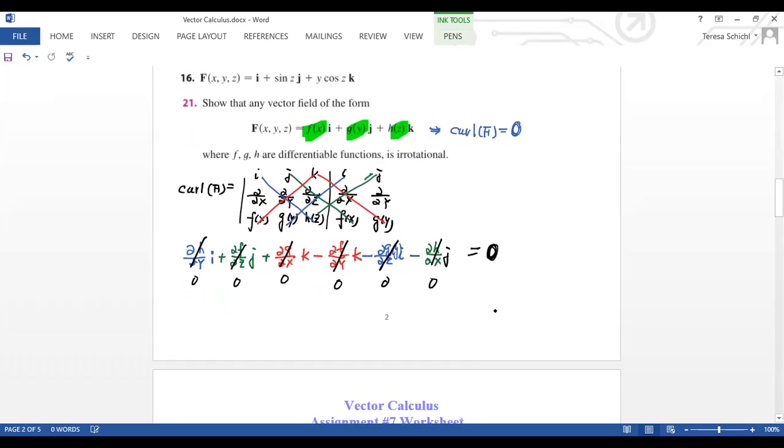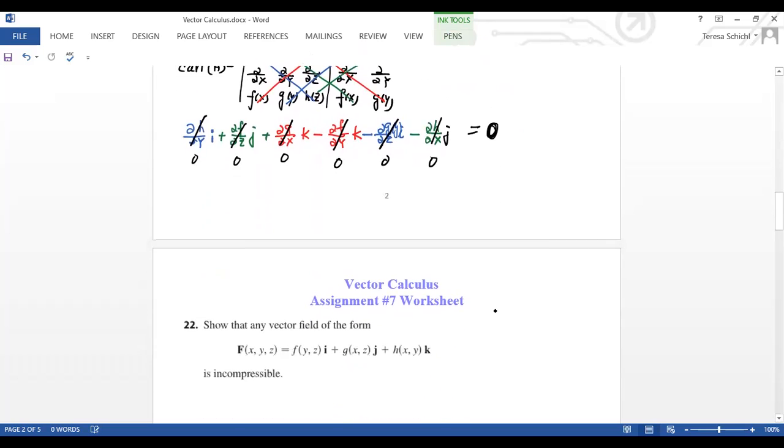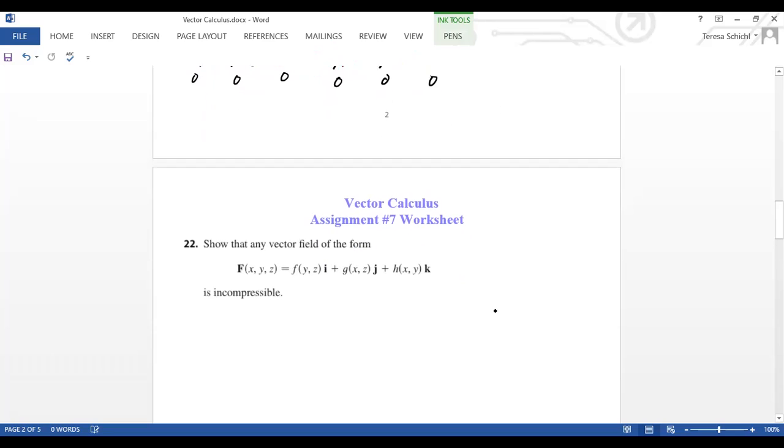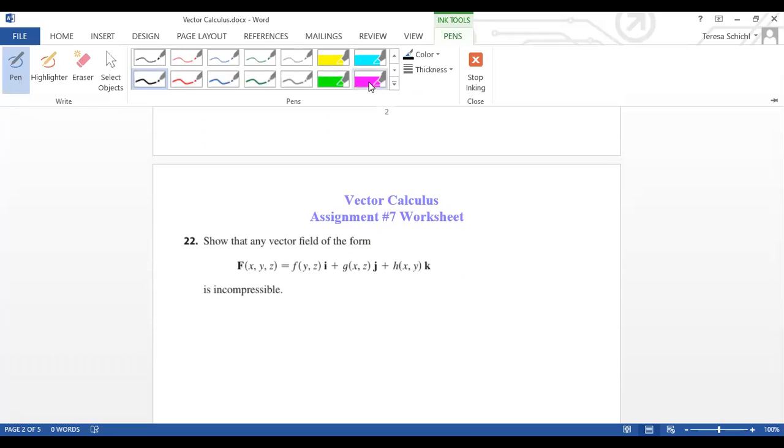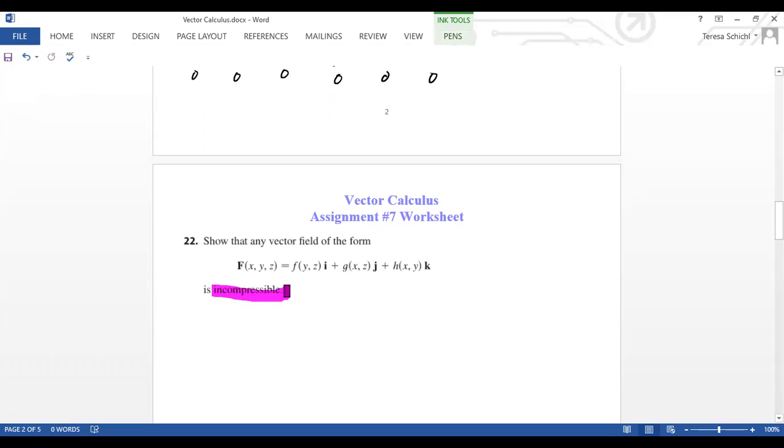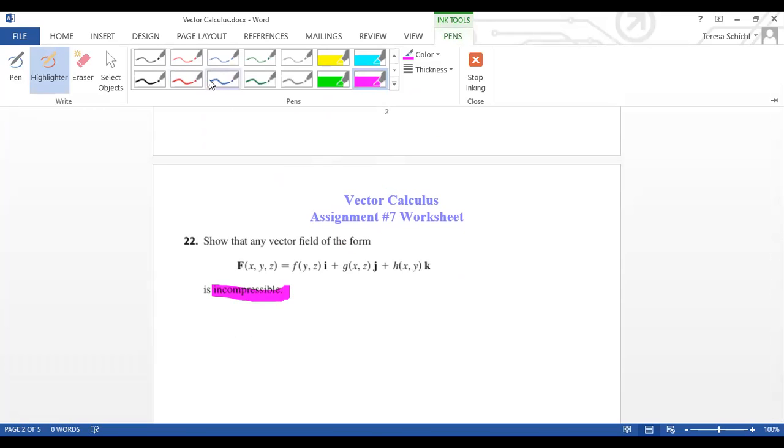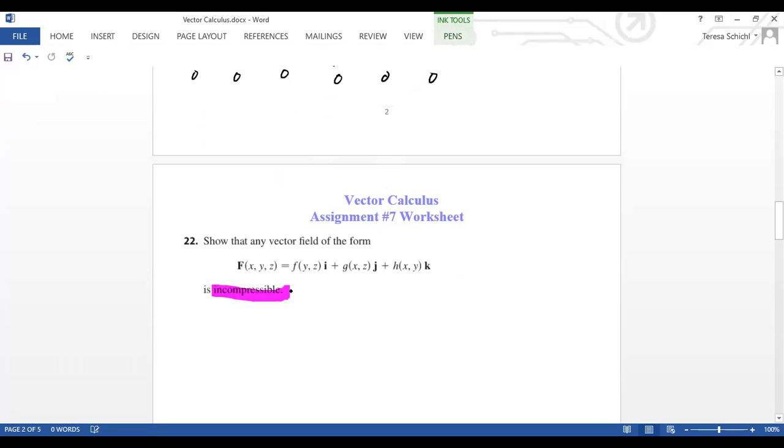Okay, so the next thing we talk about is incompressible. When you see the word incompressible, that means there is no divergence, it's not diverging and it's not converging here. So incompressible means the divergence of F is equal to zero, right?